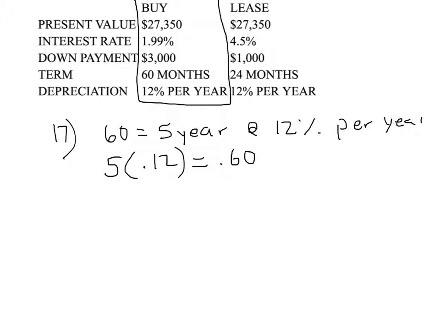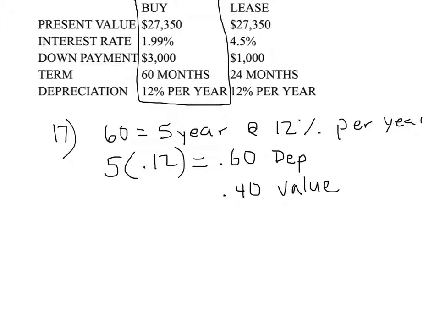So if it depreciates or goes down in value by 60%, then the remainder worth on it is going to be 40% of its value. Now, they want us to know how much it is worth in money.